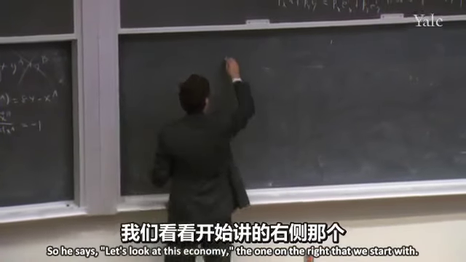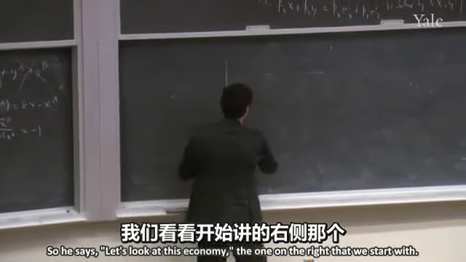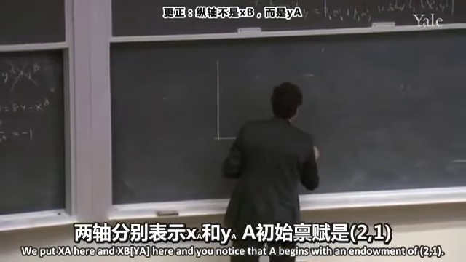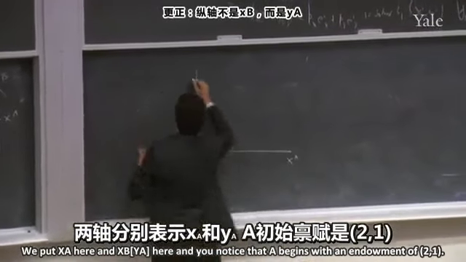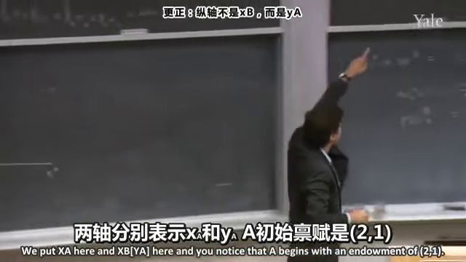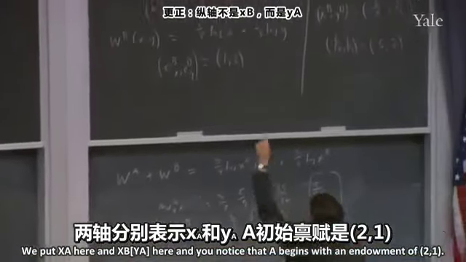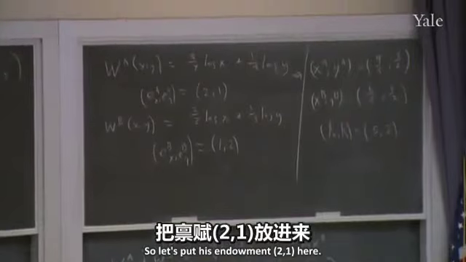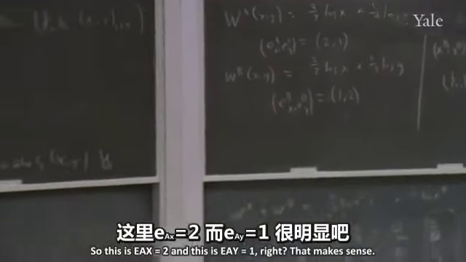So he says, let's look at this economy, the one on the right that we start with. We put XA here and XB here. And you notice that A begins with an endowment of 2-1. So let's put his endowment 2-1 here.